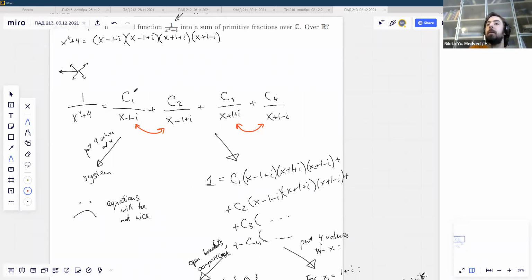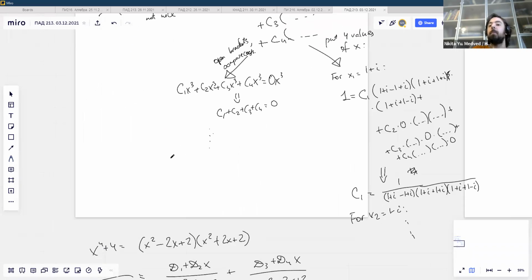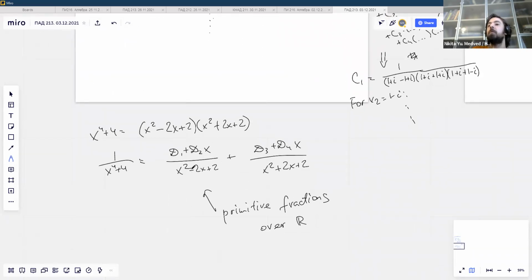So I claim that if you add those two fractions together, you will obtain exactly this expression, or this one, I'm not sure which is which, but one of those two expressions, and the denominator will automatically become real without any work. Automatically. That's it.